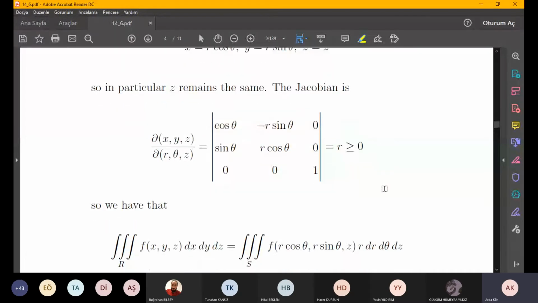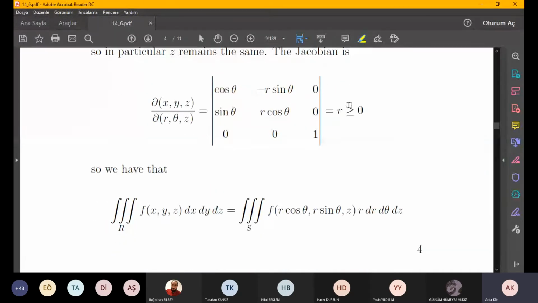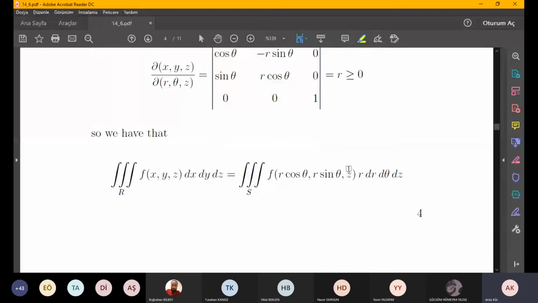So when you take the absolute value of r, dr, d theta, and dz for dv, it has to be r. You can just write it as r since it is greater or equal to 0.